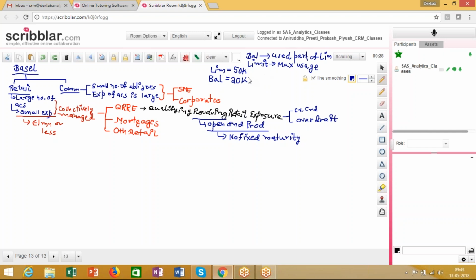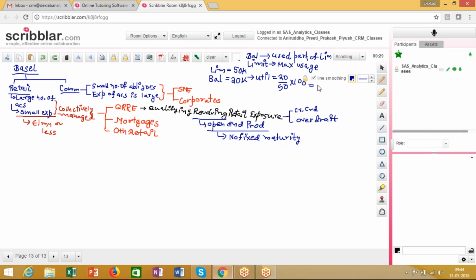Then what it means is that I'll have a utilization on the card. So my utilization is 20k by 50k into 100. Basically, I have used 40% of the total limit.